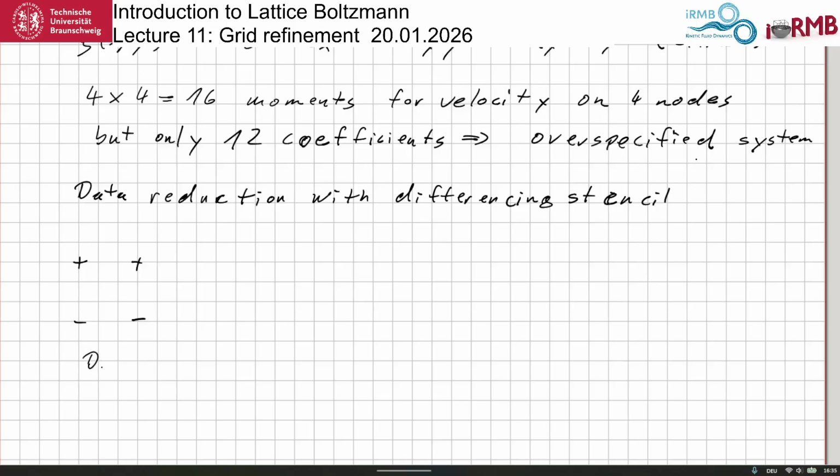And I call this, you see, this is dy. So this here will generate a derivative in y direction, whereas this here will generate a derivative in x direction. So what this basically does is it takes a derivative in one direction and an average in the opposite direction to this, yeah?